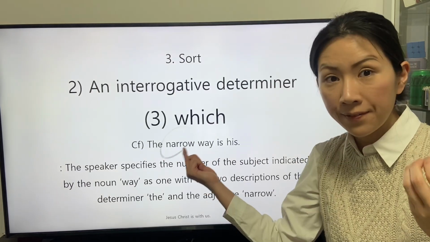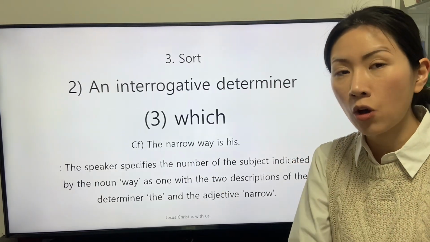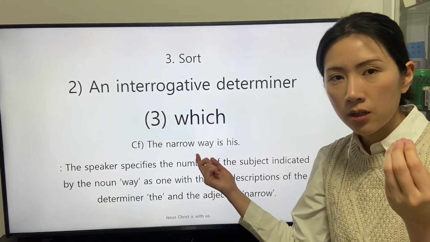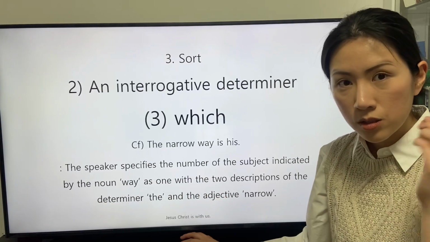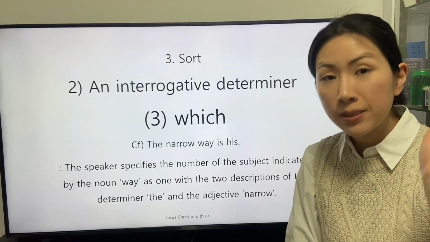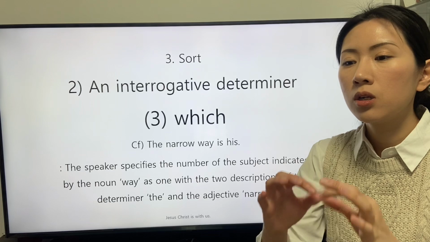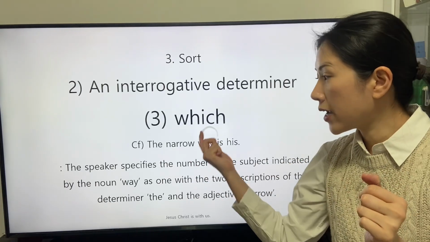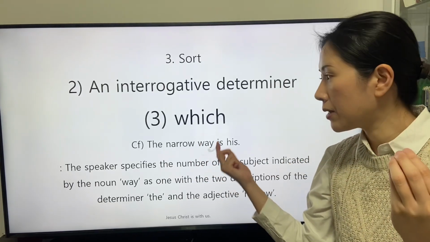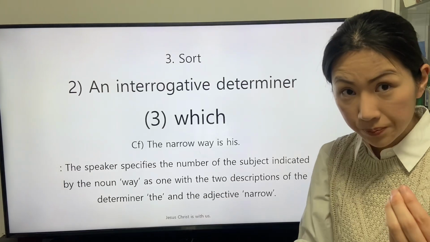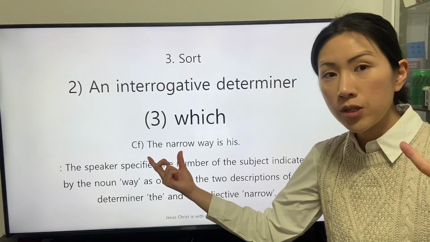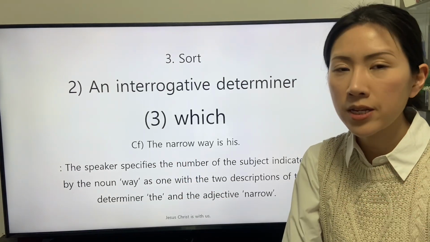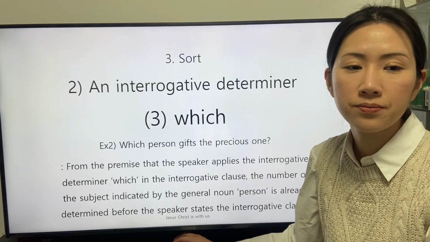The adjective narrow reveals the condition of the subject. So in the aspect to specify the subject indicated by the general noun way, the two descriptions practice the same role.